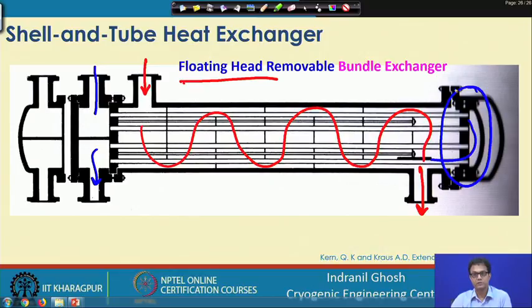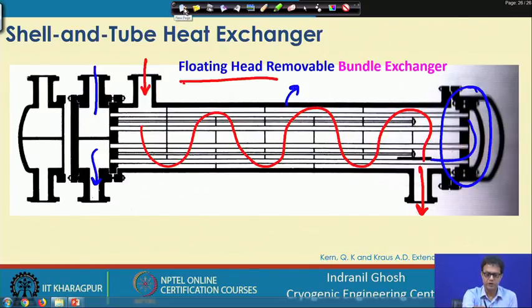That means we have to allow the tubes to expand, in contrast to the shell side. This particular type of exchanger design allows expansion of the tubes in contrast to the shell.